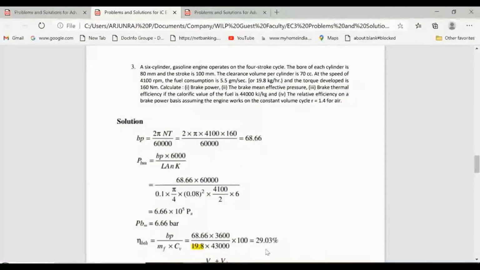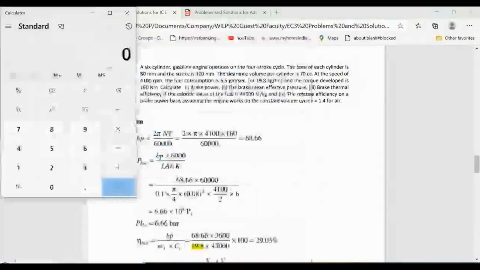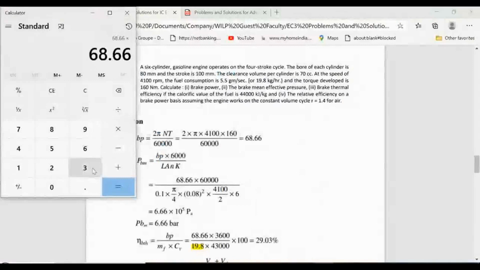And when you calculate, there will be a change in the value. 68.66 into 3600 into 100 divided by 19.8 is the mass flow rate of fuel, and 44,000.